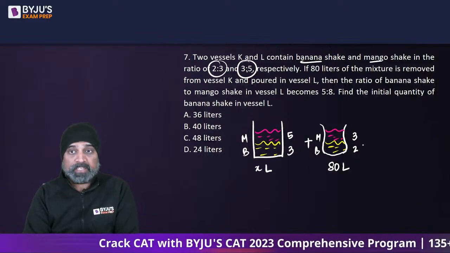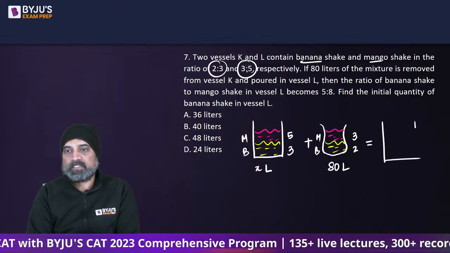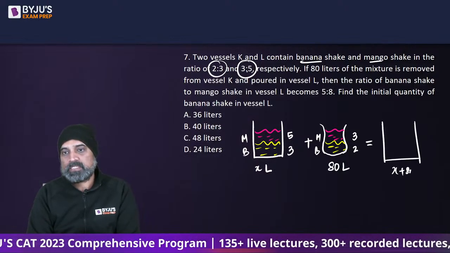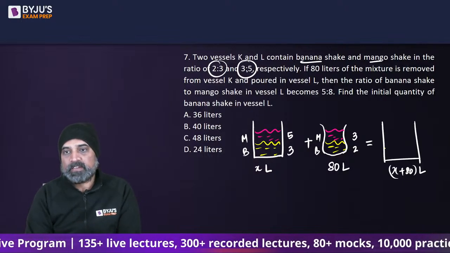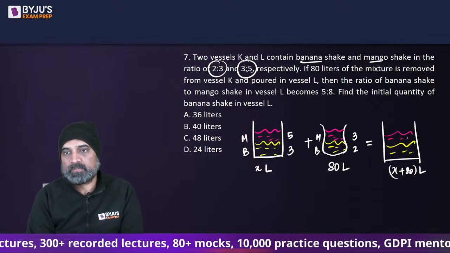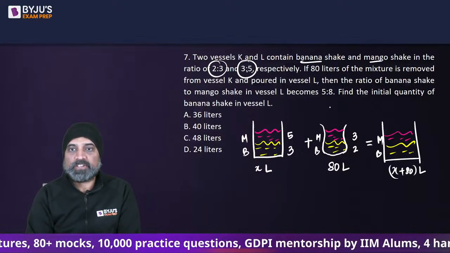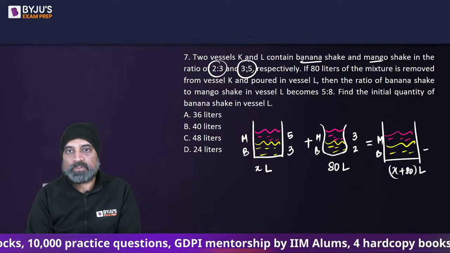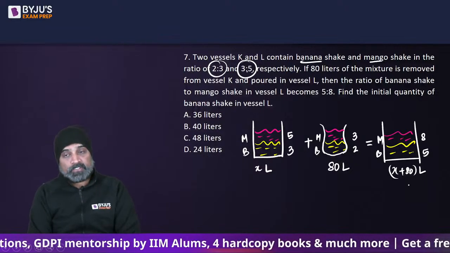When they both are mixed, we finally get a vessel with a volume of X plus 80 liters that will again contain banana and mango, in the ratio of 5:8. We need to find the value of X.